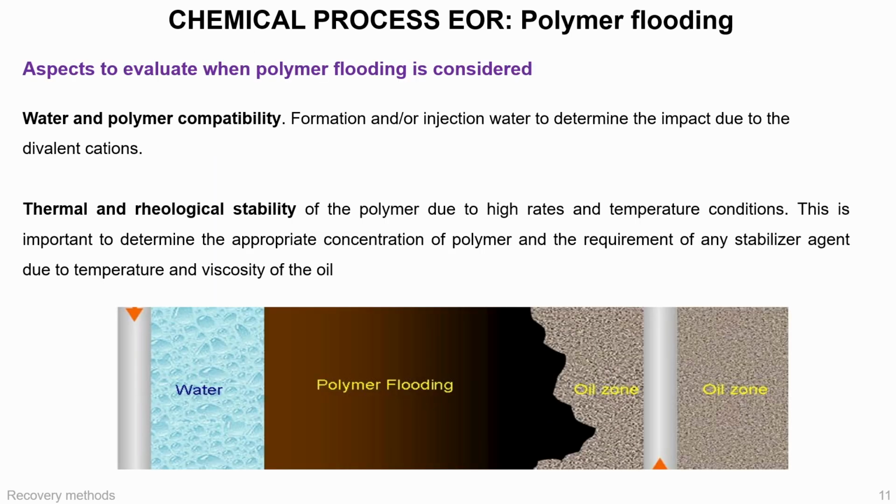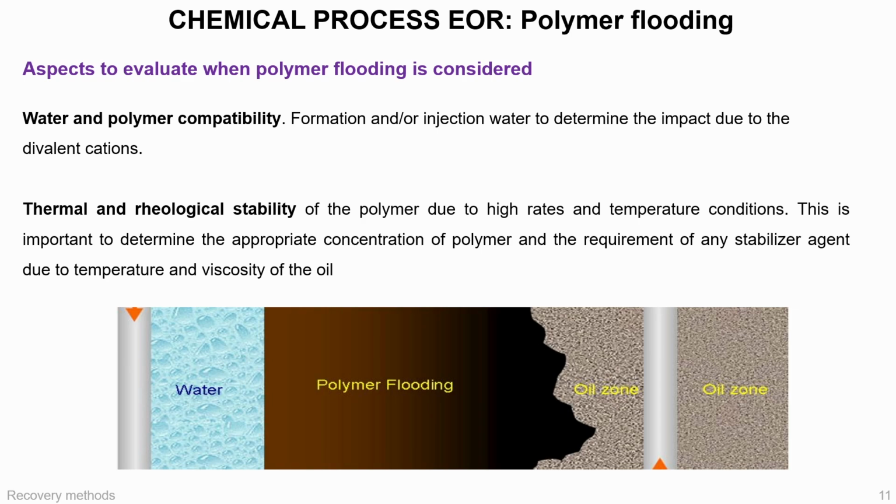When polymer flooding is being considered, several issues must be evaluated carefully. First is water and polymer compatibility, especially with respect to divalent cations such as calcium and magnesium. Second is thermal and rheological stability.